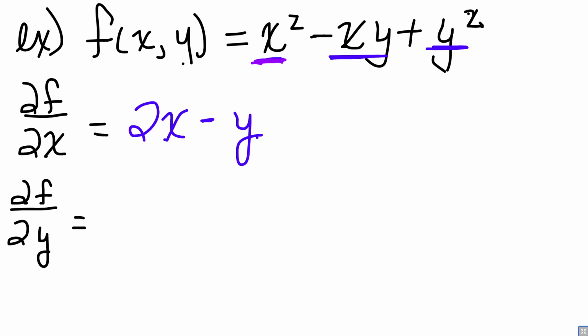Then if I take the partial of f in respect to y of the middle term, what will I get? Negative x. And then if I take the partial of f in respect to y of the last term, I'm going to get 2y. And there we go. Any questions?